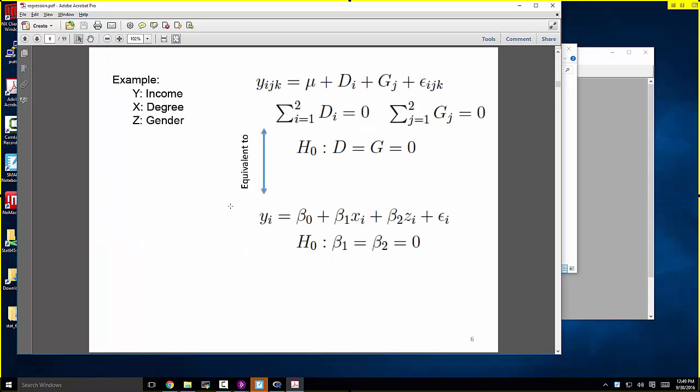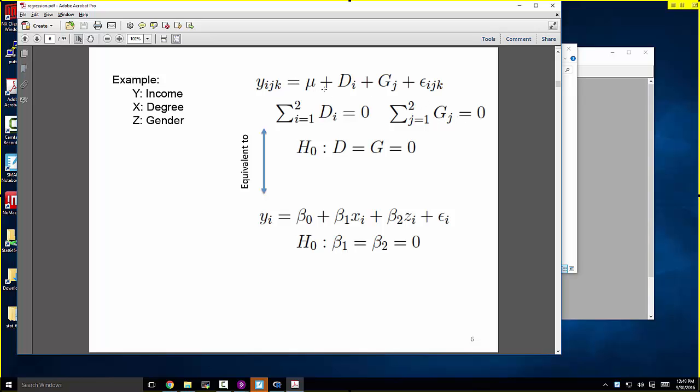Back when I originally introduced the regression representation of Anova, I said that it is standard in a problem like this, in an Anova model, to impose some kind of restriction on these terms.